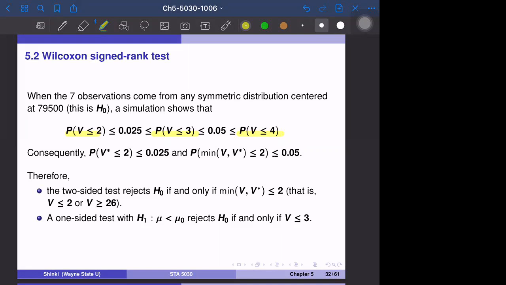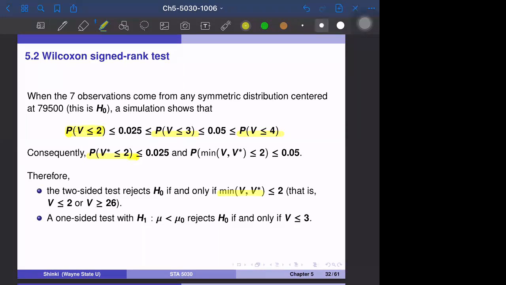So for a two-sided test at the 5% significance level, we only reject if V is less than 2 or V asterisk is less than 2. V and V asterisk have the same distribution under the null hypothesis because of the symmetric assumption.